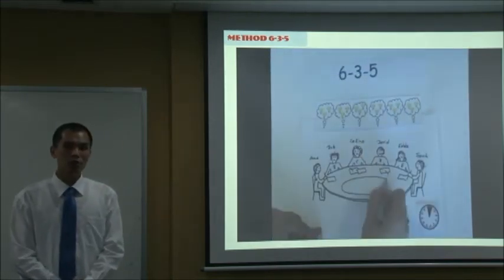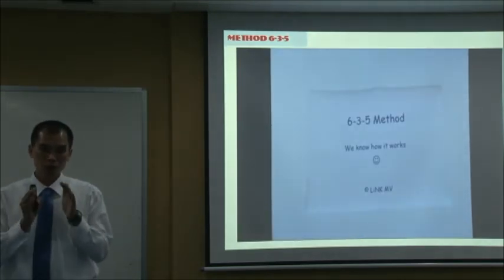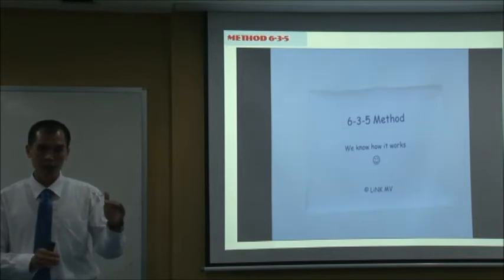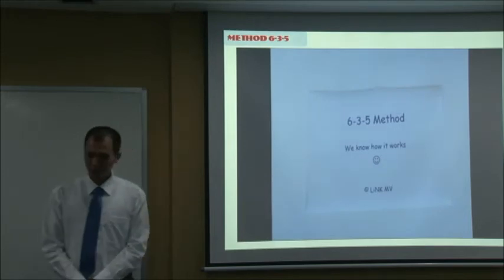With method 635, it means 6 people in one group work for 5 minutes, and each person has to find 3 ideas. This is one of the methods.